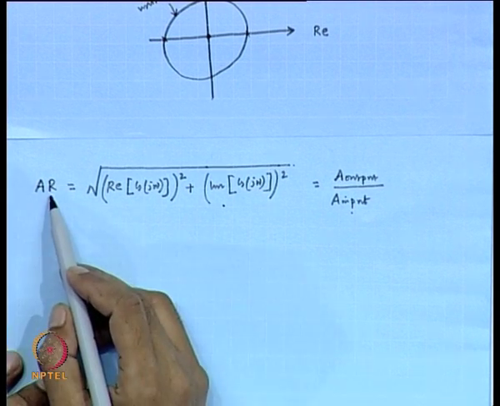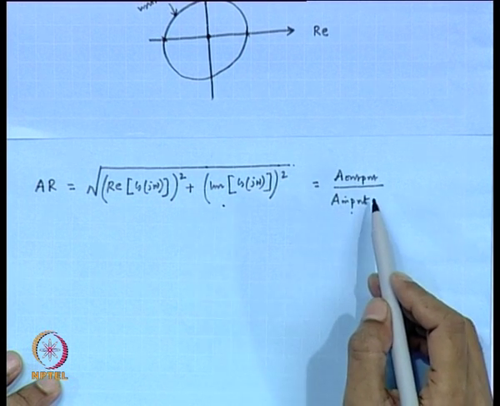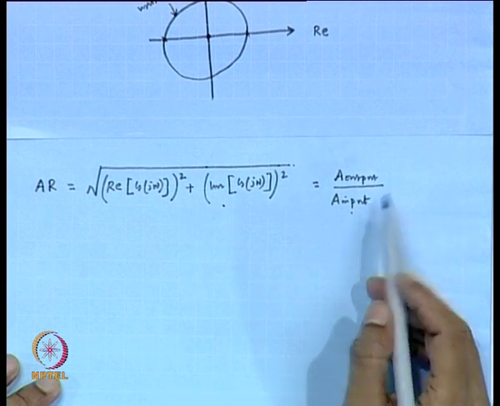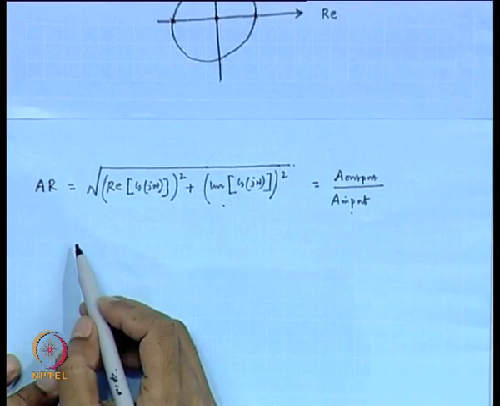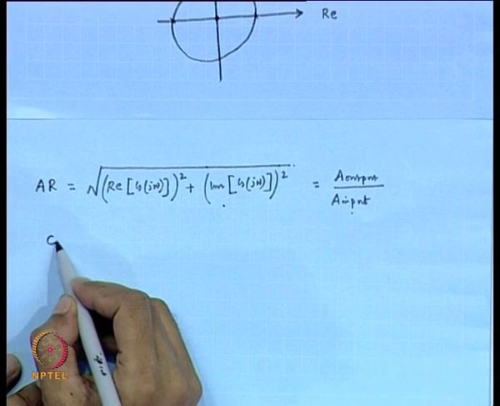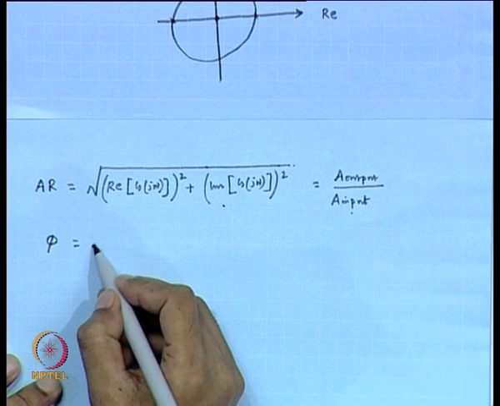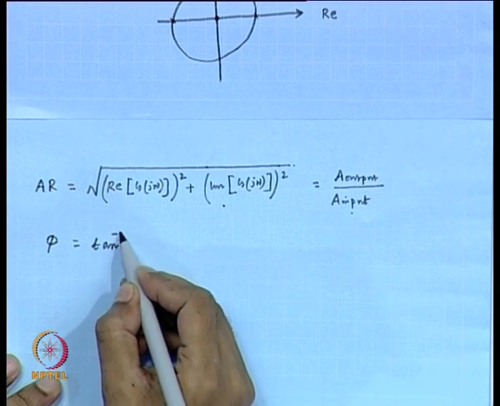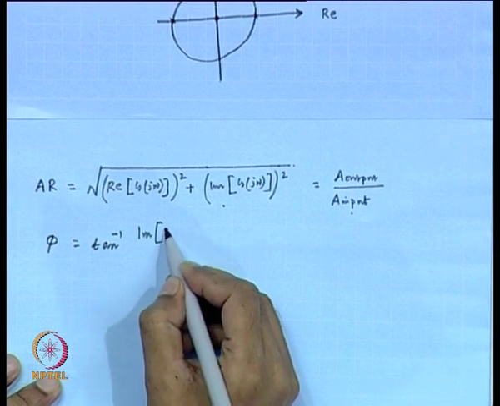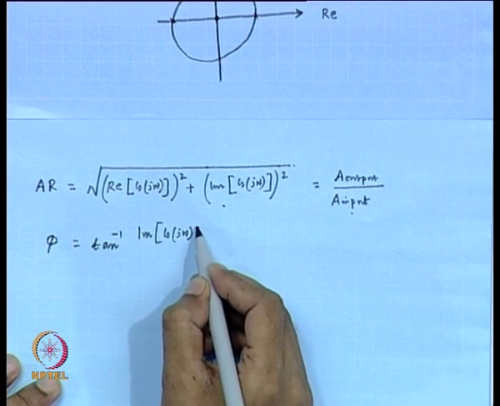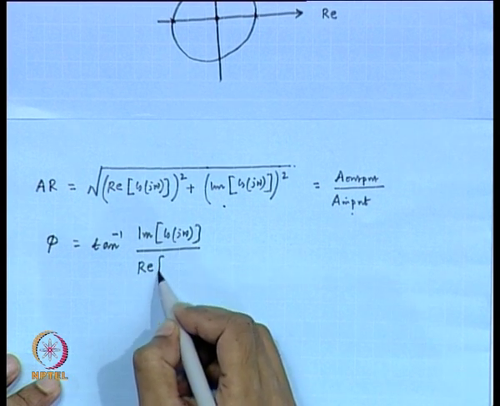So, we can say that here amplitude ratio is becoming the output amplitude. Now, what will be the phase shift phi? Phi we can write as tan inverse of the imaginary part divided by the real part.